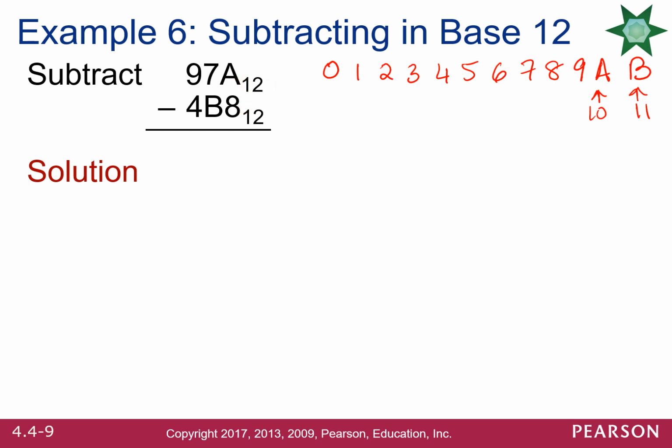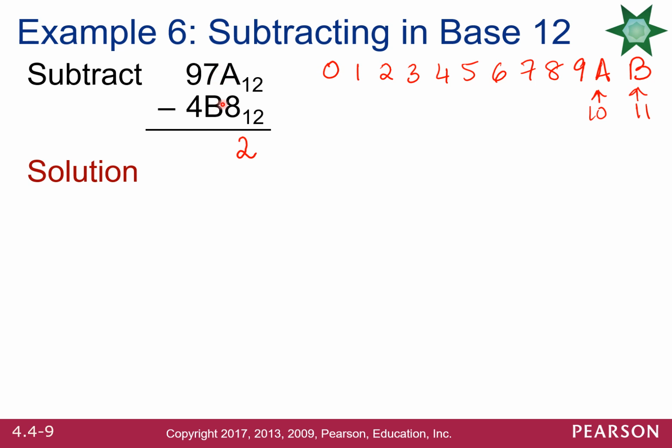We start with the right column. A is a 10 and 8 is less than 10, so 10 minus 8 is a 2. So I'm going to write the 2 here. The column left to it has a 7 and then B is 11.